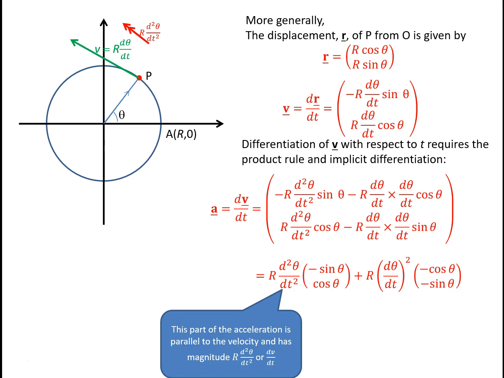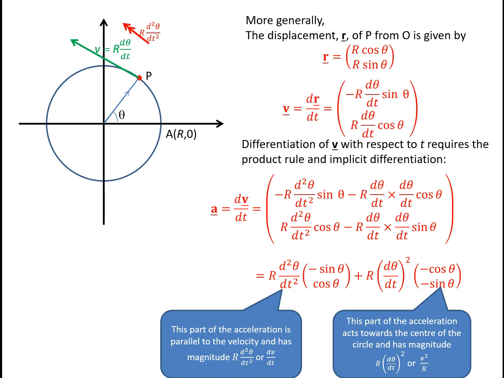Looking at the second part of our acceleration expression, we have got, first of all, a vector (minus cos θ, minus sin θ) times r (dθ/dt)². Now the magnitude of the vector (minus cos θ, minus sin θ) is the square root of (minus cos θ) all squared plus (minus sin θ) all squared, which is just the square root of cos²θ plus sin²θ, which is equal to 1. So the magnitude of this second part of the acceleration is of size r (dθ/dt)².